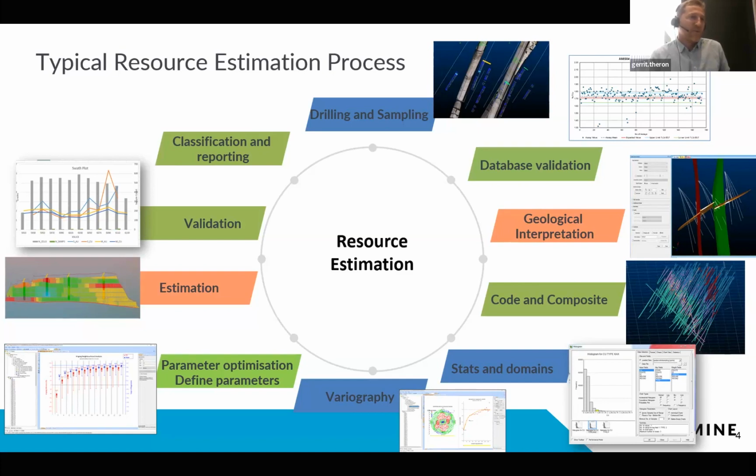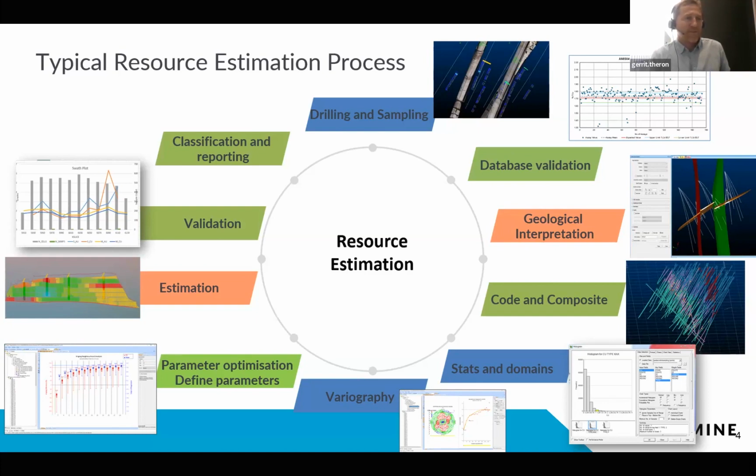Then we will do our geological interpretation, which is very, very important, and probably, as I think Marius mentioned yesterday, the most important factor in resource estimation, which can also lead to the most errors if we do that incorrectly. Then to standardize things, we code and we composite our data.